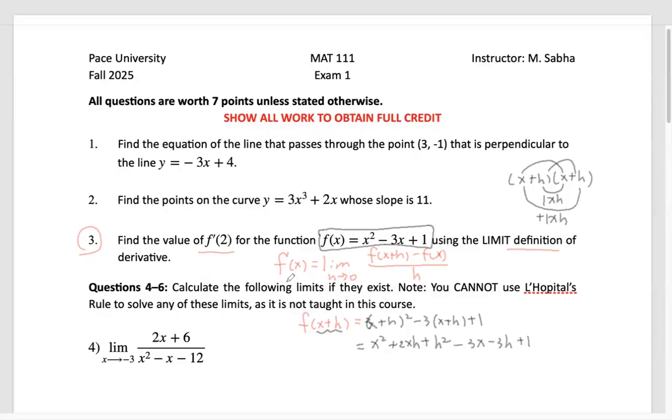Now we need to subtract, right? Let me change the color. f of x, so let's rewrite f of x. f of x equals x squared minus 3x plus 1, right? So we need to subtract this from the numerator.